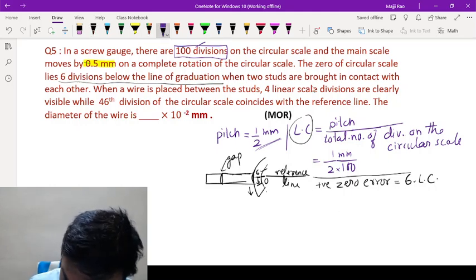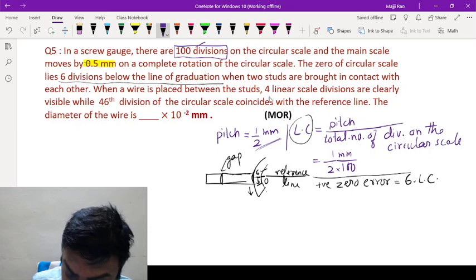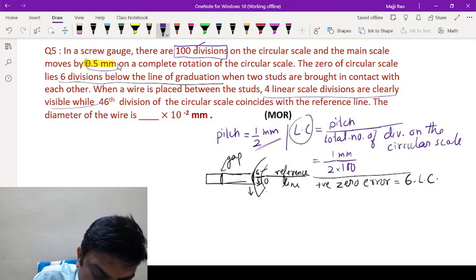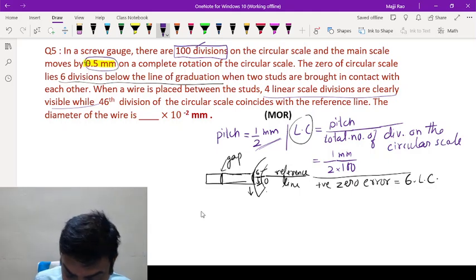Now, when a wire is placed between the studs, four linear scale divisions are clearly visible. Each linear scale division corresponds to 0.5 mm.